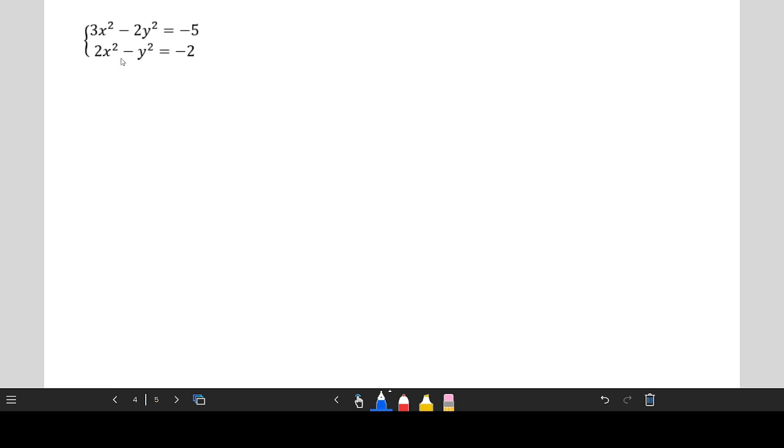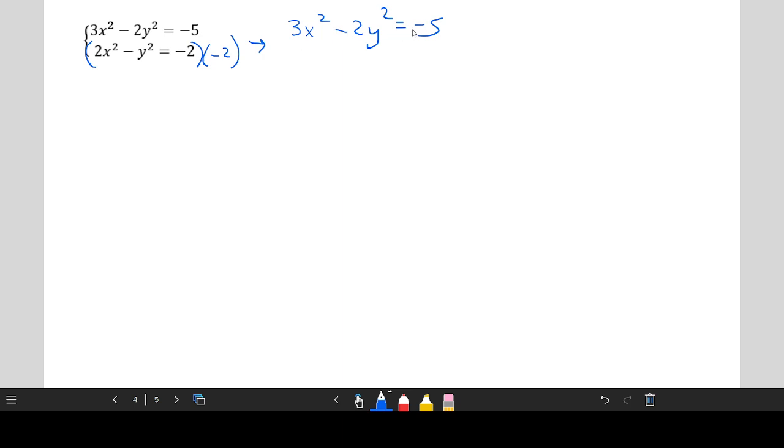This one is another good candidate for addition because everything's squared. So we could eliminate the x squared or the y squared terms here. I'm going to multiply the second equation by -2 because then I'll have a positive 2y squared, which will add to 0 with the y squared term in the first equation. But if you wanted to multiply each equation by something and eliminate the x's, that would be fine too.